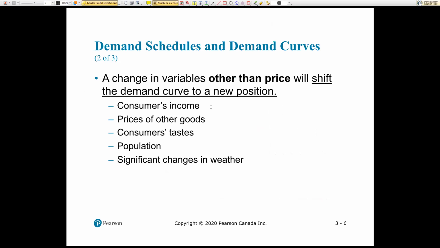For instance, if income increases, does it shift up or down? Somebody has an idea? Shift right. Yeah, shift right.